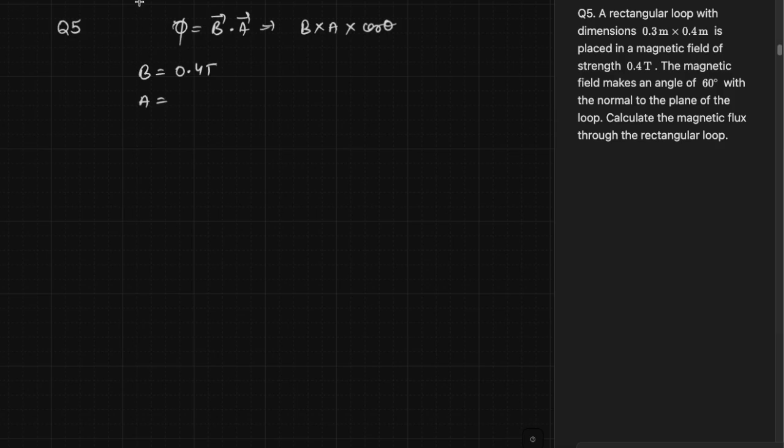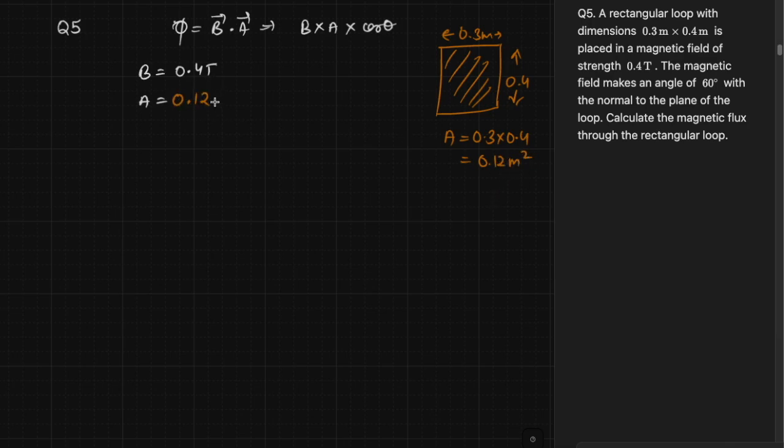They have told that it is a rectangle like this, and this is 0.4 meter, and this is 0.3 meter, and this area will be length times breadth. Area will be 0.3 into 0.4, which is 0.12 meter square. So we can get that value, area we calculated. Okay, what about theta now? Theta is given 60°.